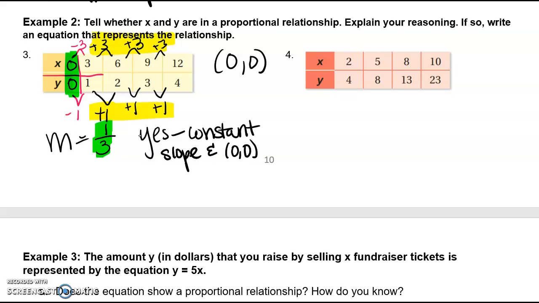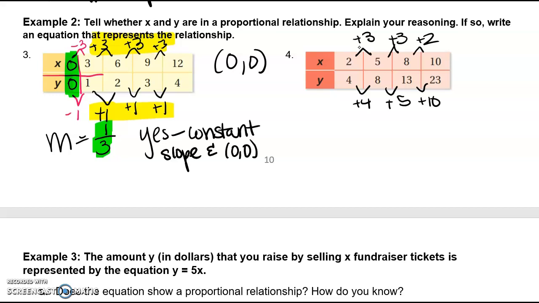Number 4, let's check the slope first. We're going up by 4, then 8 to 13 is up by 5, and then 13 to 23 is up by 10. Okay, let's check up here. 2 to 5 is plus 3, 5 to 8 is plus 3, 8 to 10 is plus 2. This does not have a constant slope. If you were to graph those points, it would not make a straight line.